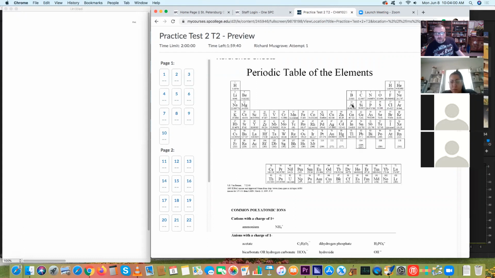So even though it looks like a non-metal, it's actually a metal. Okay, perfect. That's right.